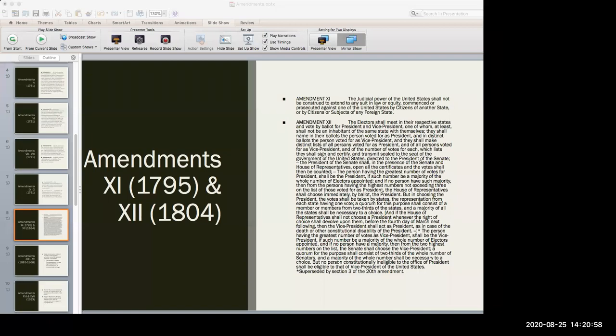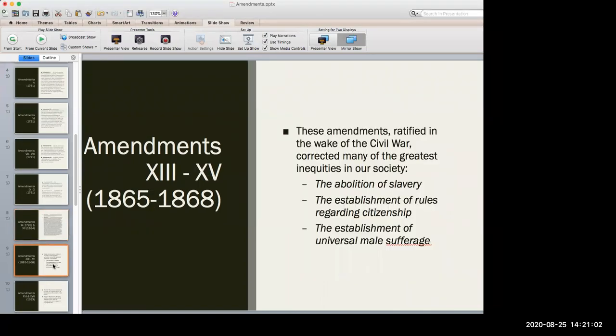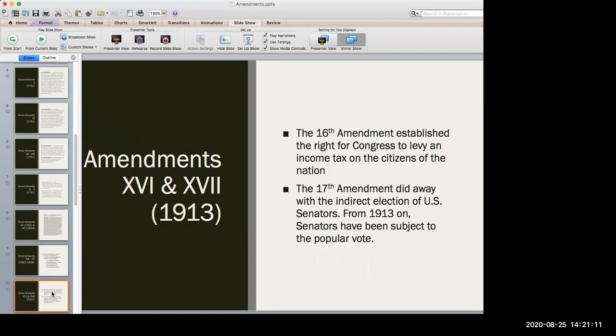Okay. So that's important. I want you to remember the 15th Amendment in the back of your head. That is not spelled right. All right. The 16th Amendment establishes, well, only the men. The 16th Amendment establishes income tax.